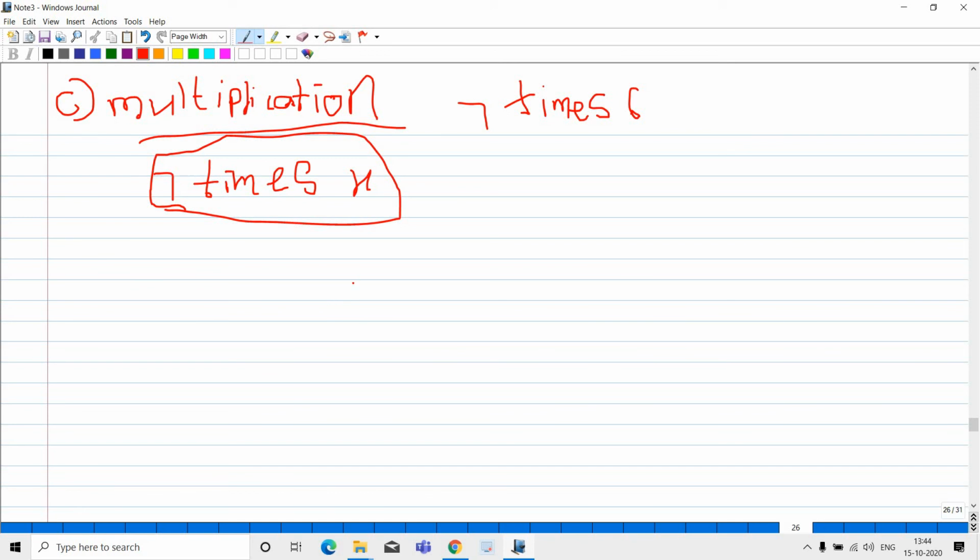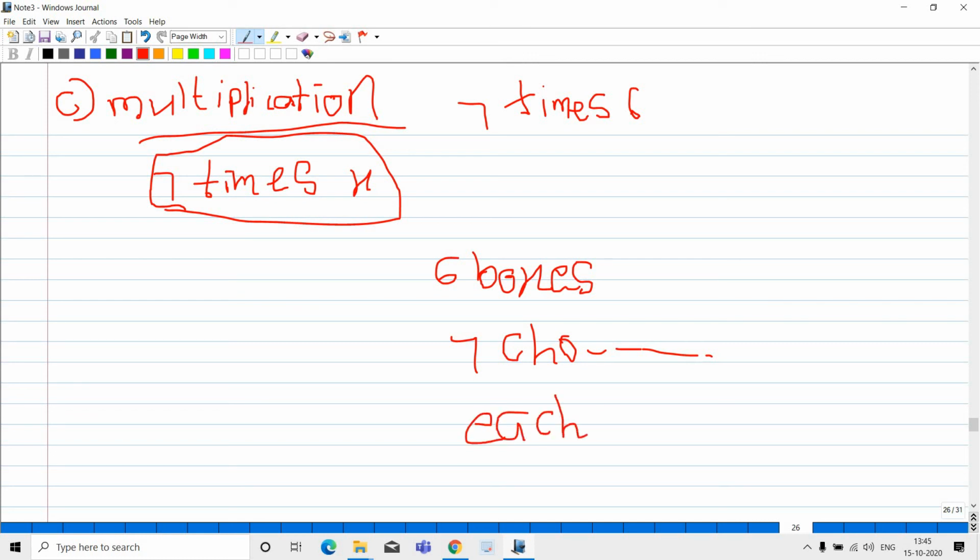Wait a minute. 6 boxes, and each box has 7 chocolates. What will we do? We will add 7 chocolates 6 times, and by that we will get 42 chocolates.